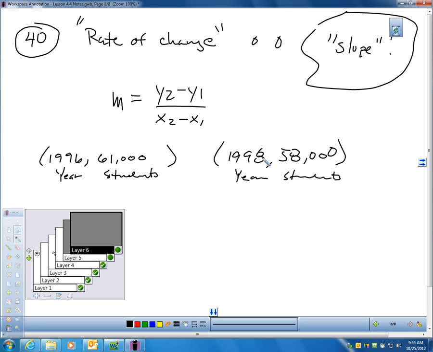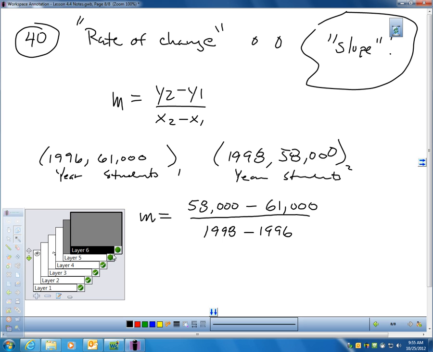So I put 58,000 students in 1998. So here are 2 ordered pairs. I'll call this my point 2, and I'll call this my point 1, which means, again, that this would be x sub 2, y sub 2, and here's x sub 1 and y sub 1.